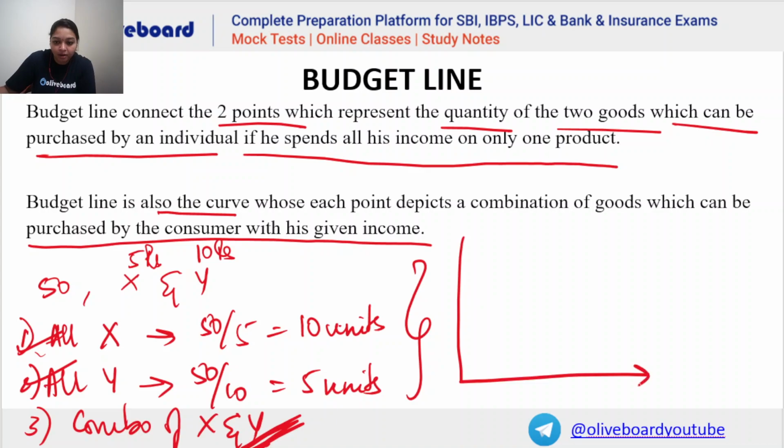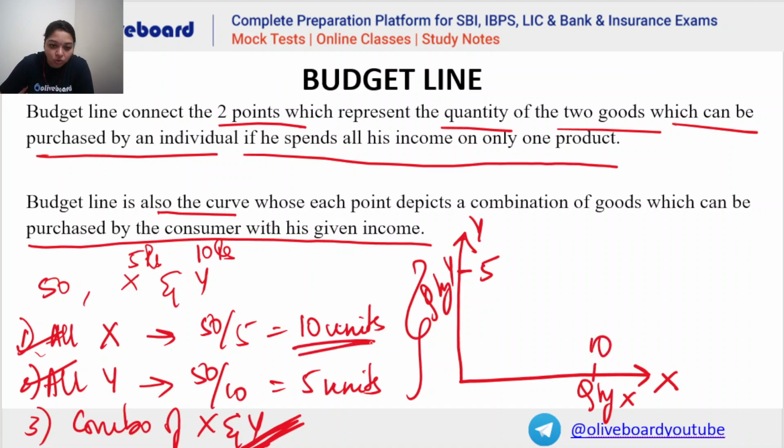So we take a graph, we take quantity of commodity X on the X axis and quantity of Y on the Y axis. Let us say this is 5 units and this is 10 units, right? Because he can purchase 10 units if he spends all his money on X. Then if he spends all his money on Y, he can purchase 5 units.